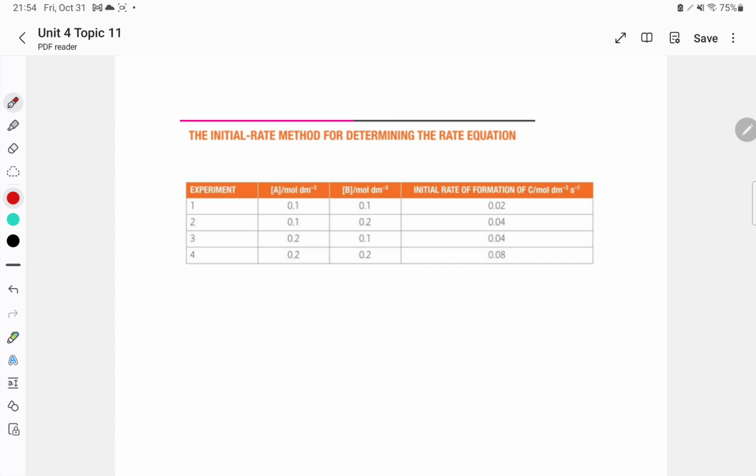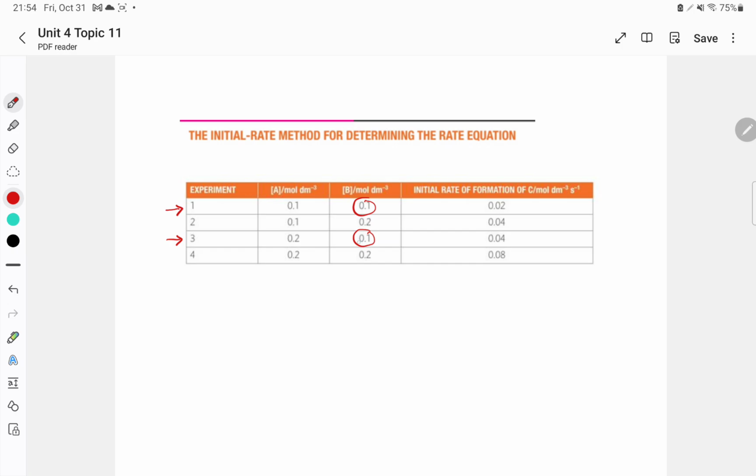Now let's solve this problem. It is related to the initial rate method for determining the rate equation. In this case, let's look at experiment 1 and 3. In case of 1 and 3, this 0.1 and 0.1 is constant.